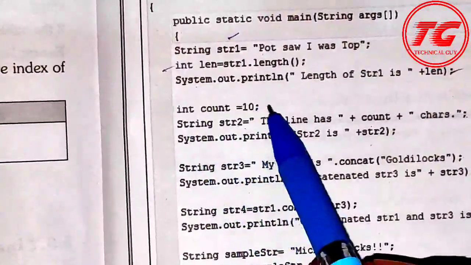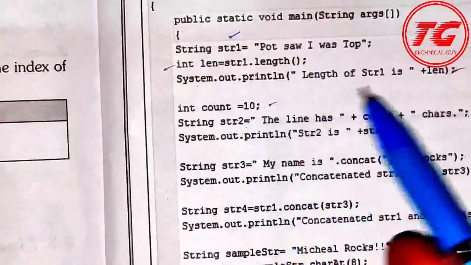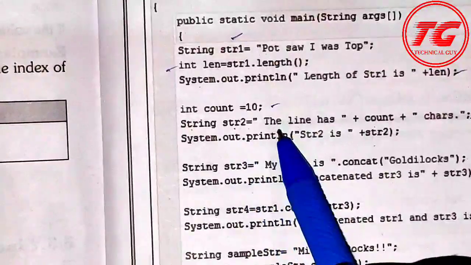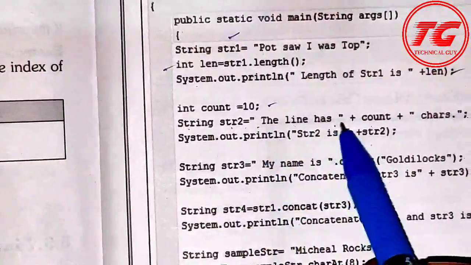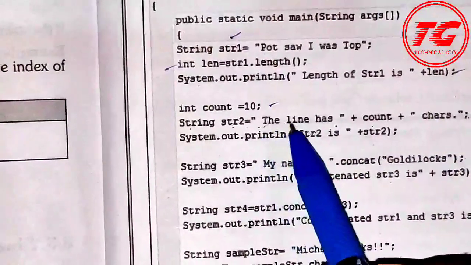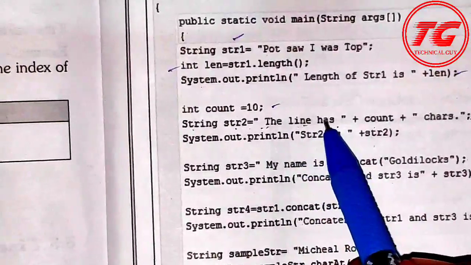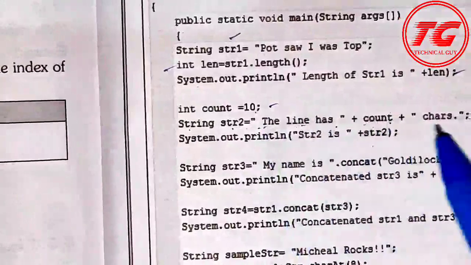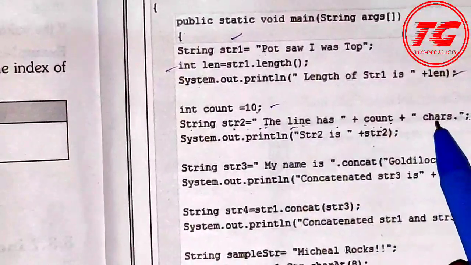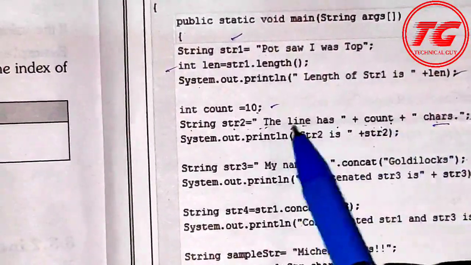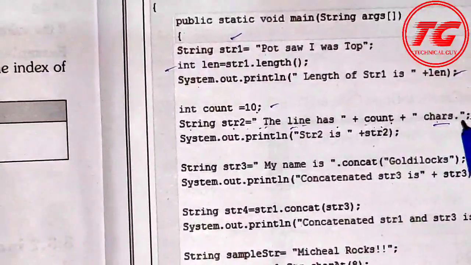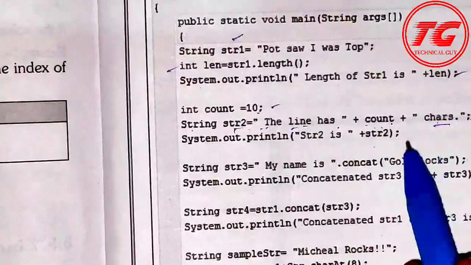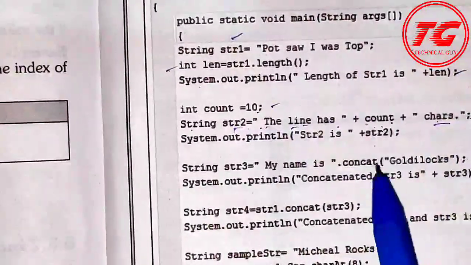Next we have the count variable and the value of that variable is 10. String str2 is there. In str2 they have used the plus sign. The line has plus count, which means 10 will be added in this string, plus chars. The line has 10 chars, so this will be str2's content. So they are using the plus sign to concat these strings.